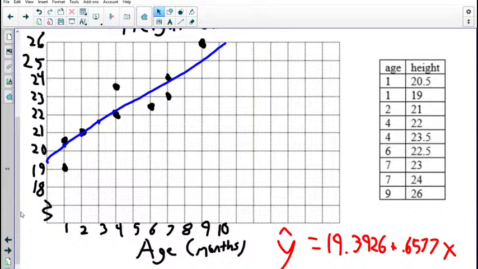So I got a line that looks like this. We can actually do that on the calculator, but we'll talk about that in just a minute.